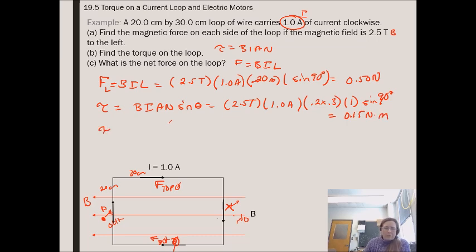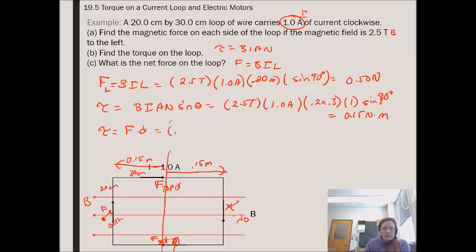The other way to calculate torque is force times a distance. If it's going to spin around the center, that side is 30, then this is 0.15 meters this way, and 0.15 meters this way.